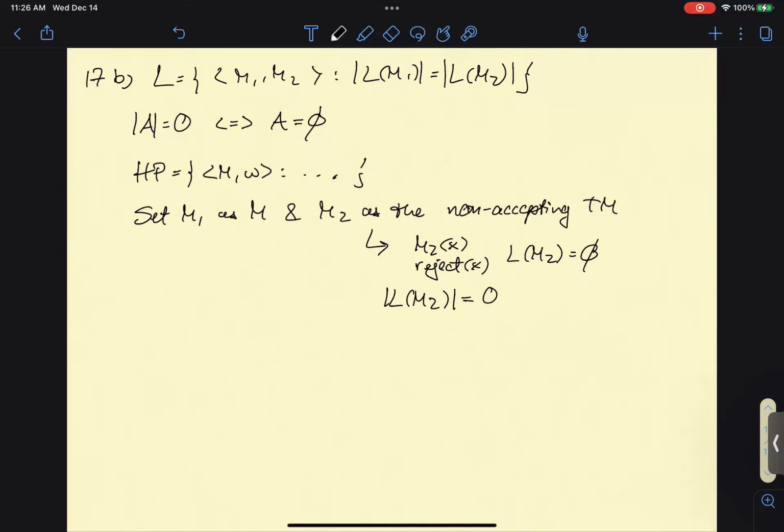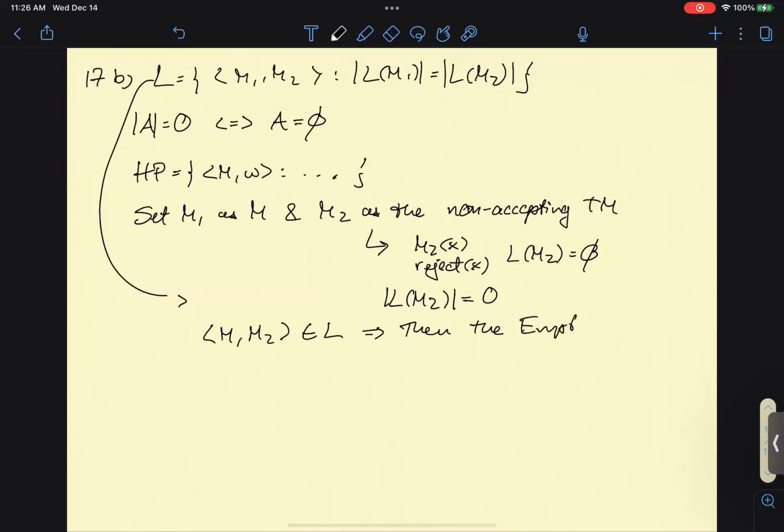And so if this were decidable, then we could check whether M, comma, M2 was in L, right? But if this were true, then the empty problem would be decidable.